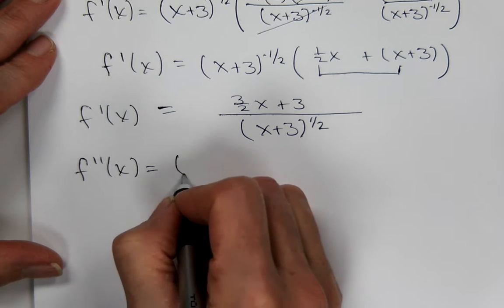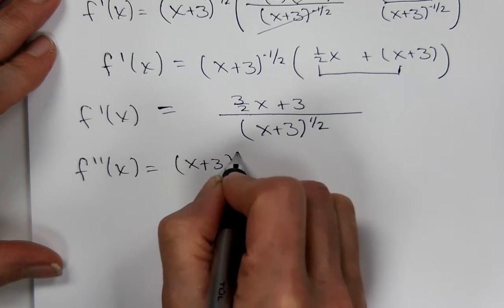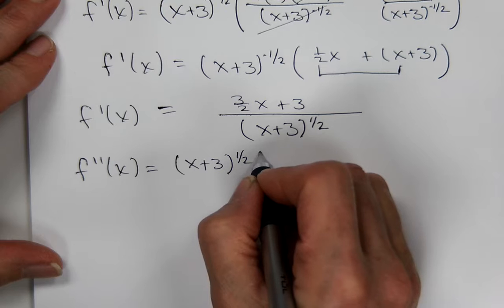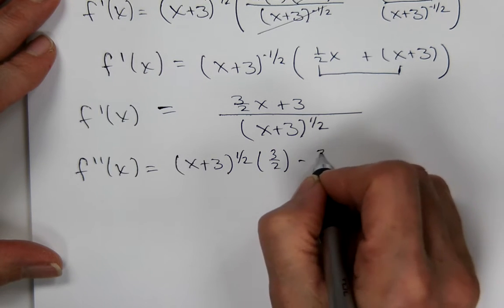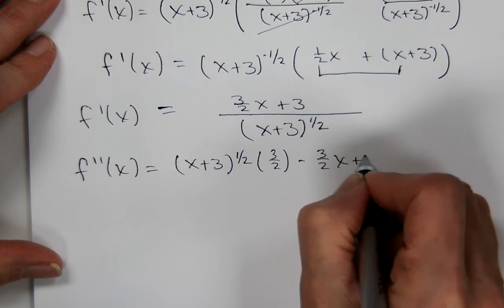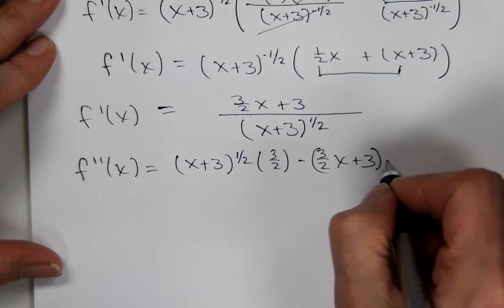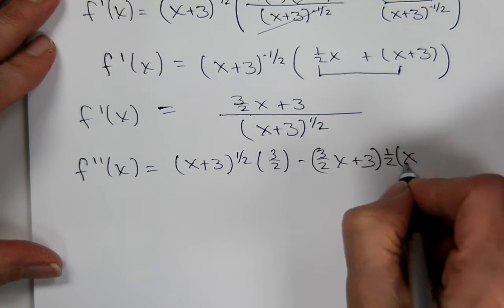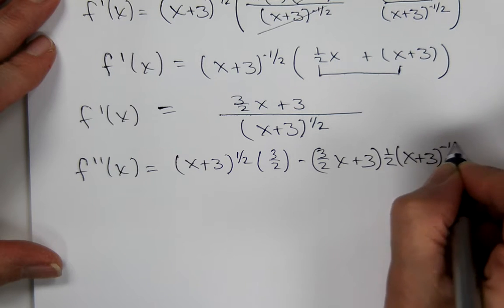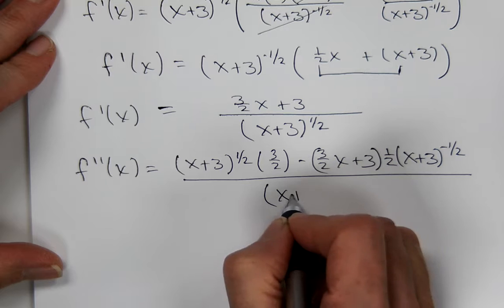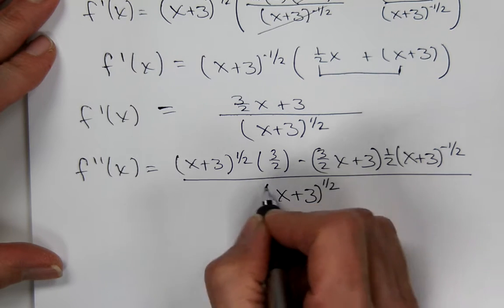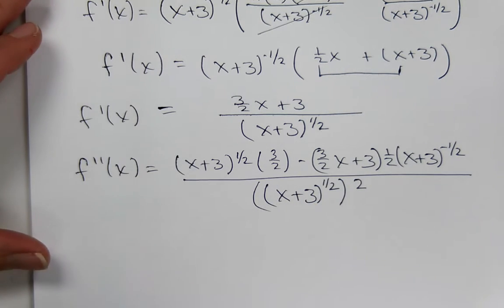Low, (x plus 3) to the 1/2, d high, 3/2, minus high, (3/2 x plus 3), d low, 1/2 (x plus 3) to the -1/2, all over low low, (x plus 3) to the 1/2 squared.